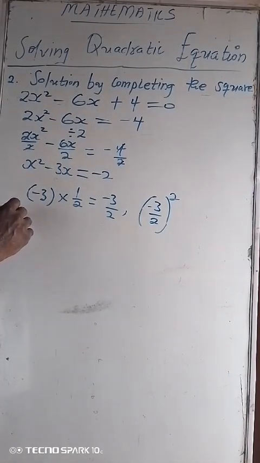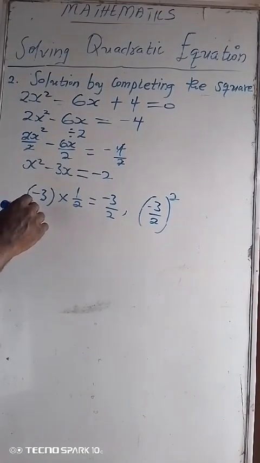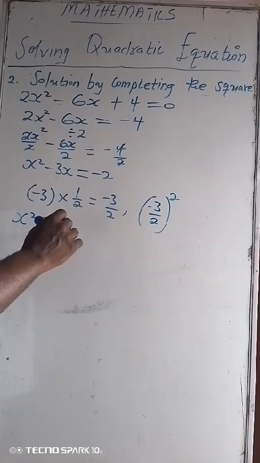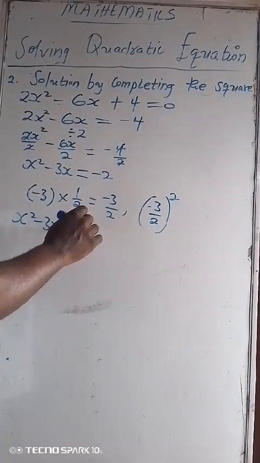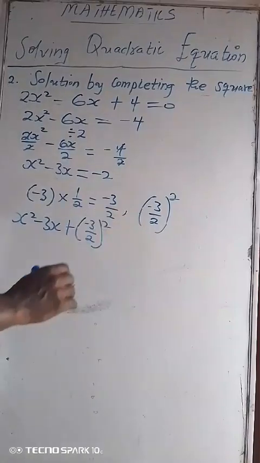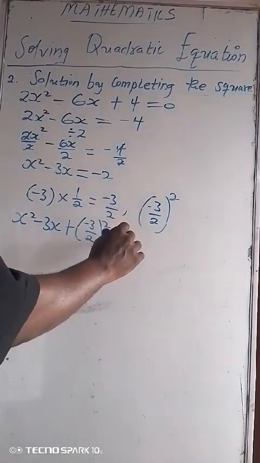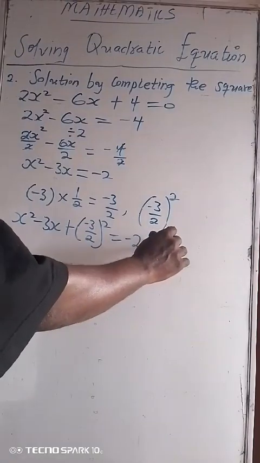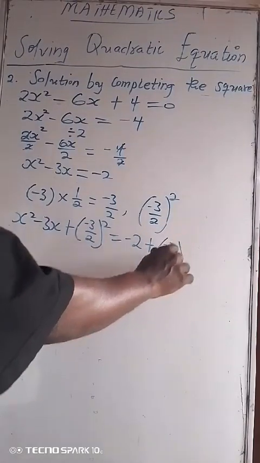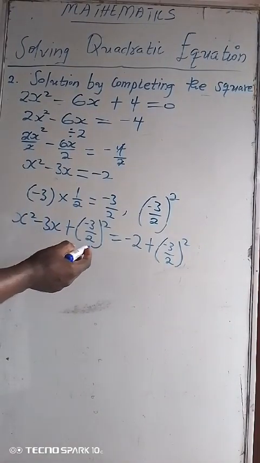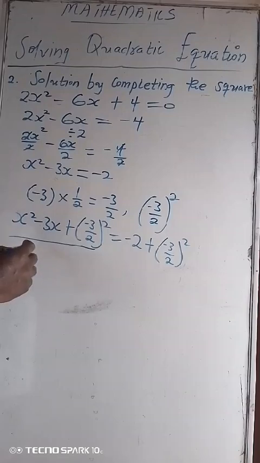So we move on. We have x squared minus 3x plus negative 3 out of 2 all squared is equal to negative 2 plus negative 3 out of 2 all squared. So again, the whole of this is also a perfect square.